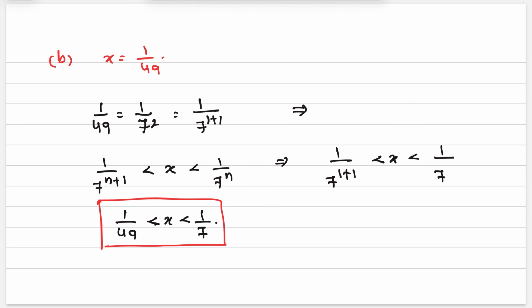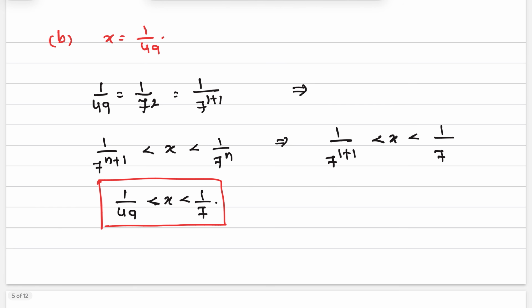At the same time, when n is equal to 2, when I put n is equal to 2, that implies 1 by 7 to the power of 2 plus 1 is less than x is less than 1 by 7 square.